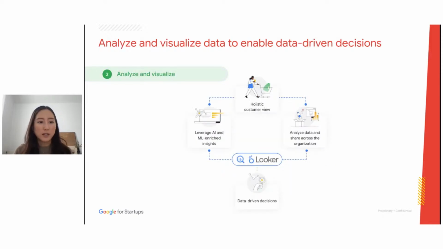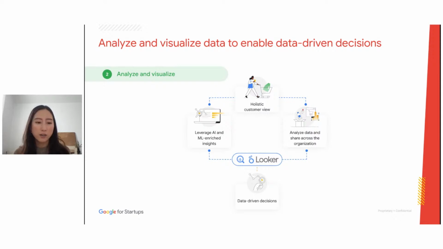Second is about analysis and visualizing the data that we're talking about in step one so that you have data ready to enable decisions down the line. So once you've brought your data together, our AI and machine learning capabilities will allow you to immediately gain business insights. We have something called BigQuery, which is our data warehouse solution.